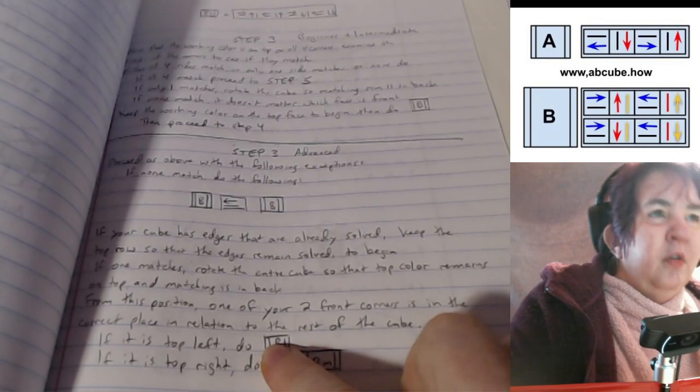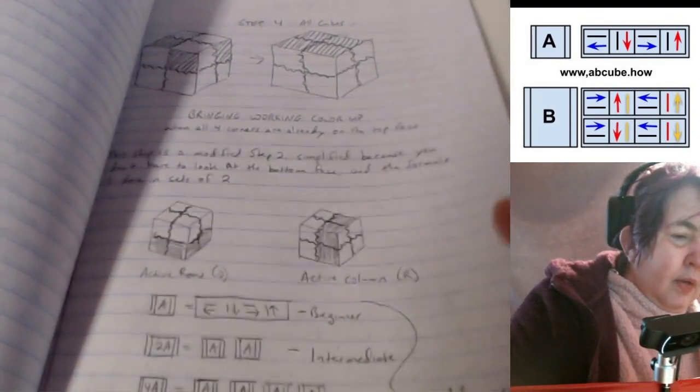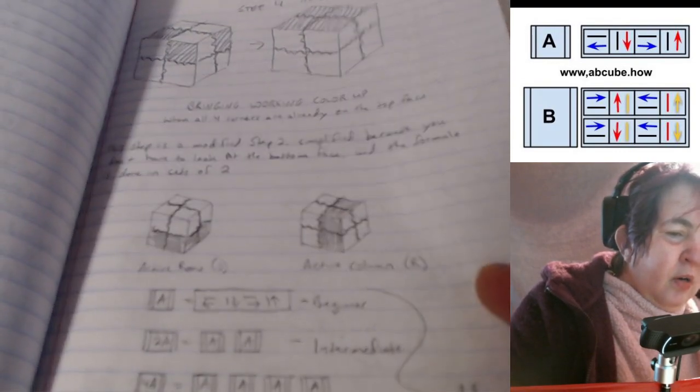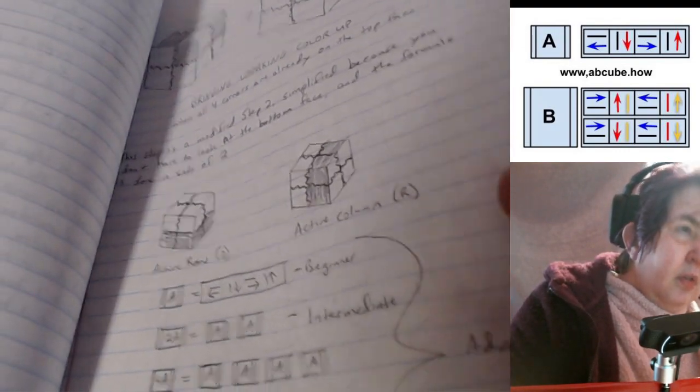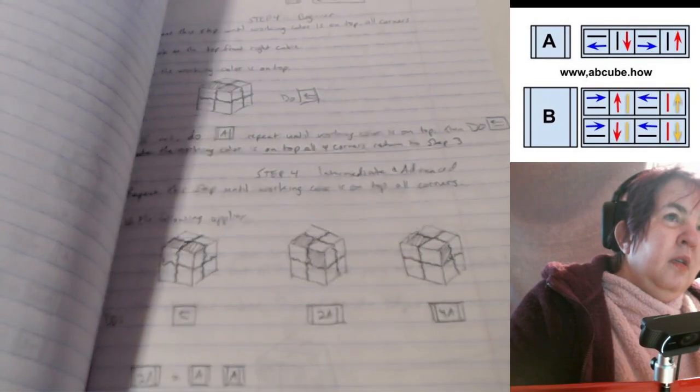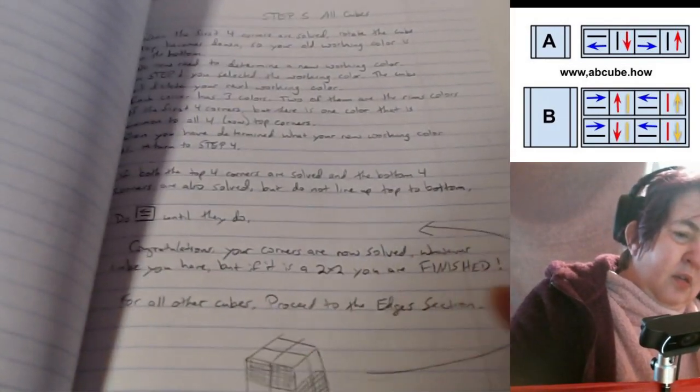Oh, B mirror. Do B or do B mirror. Step 4, all cubes. I've shown you those.